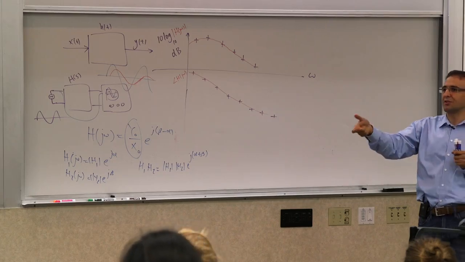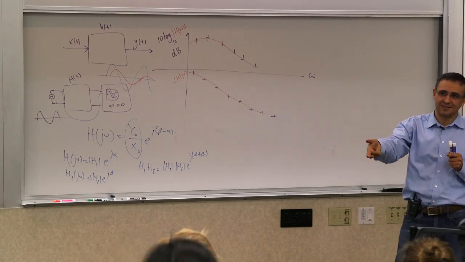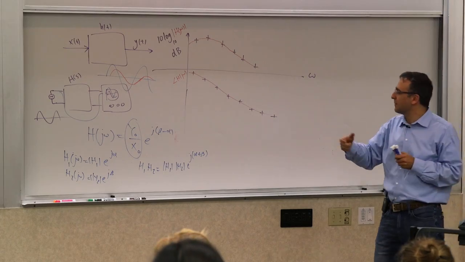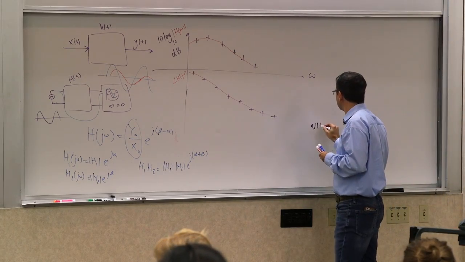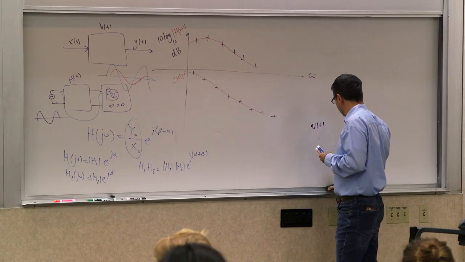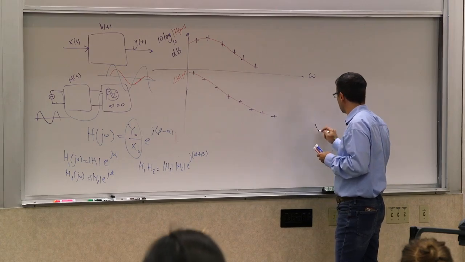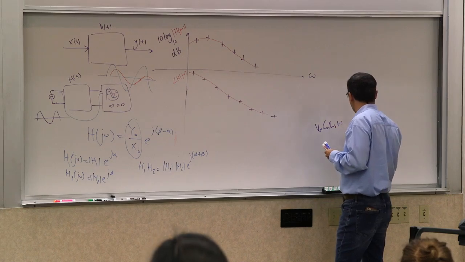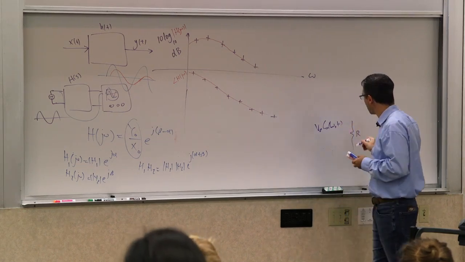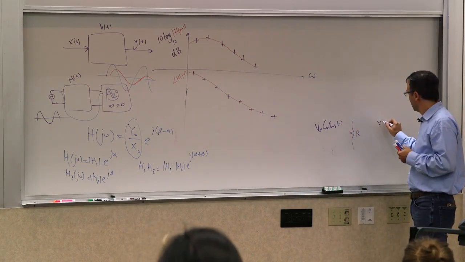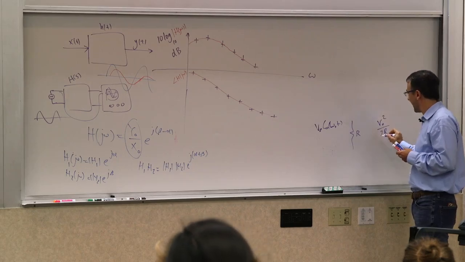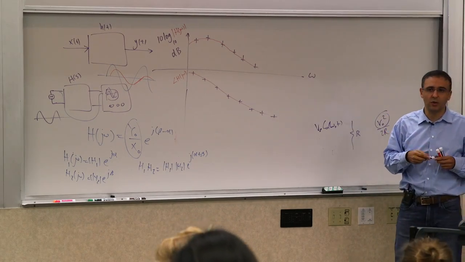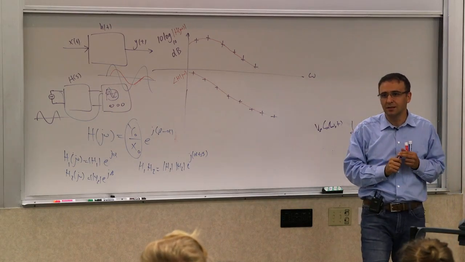Let's say the voltage across a resistor is V of t, V0 cosine of omega 0 t. What is the power delivered to this? It's V0 squared over 2R on average. It's proportional to V squared, or I squared, or the product of I and V.